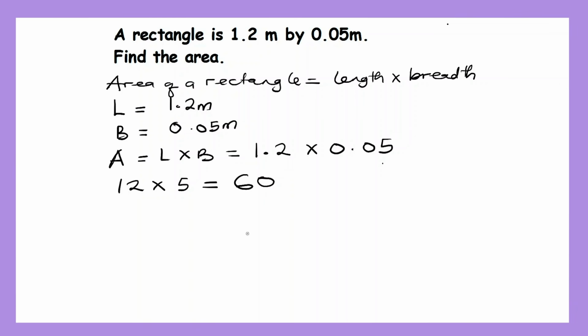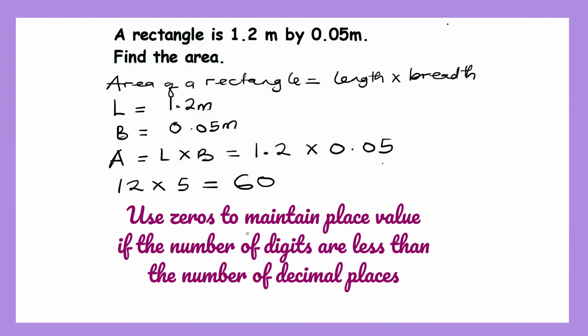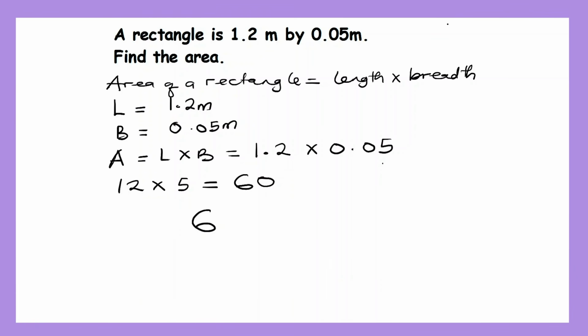The fourth rule in multiplying a decimal by a decimal says use 0 to maintain place value if the number of digits is less than the number of decimal places. For 60, we can now count the number of decimal places, 1, 2. So we're going to use 0 to represent the third number before we put our decimal.